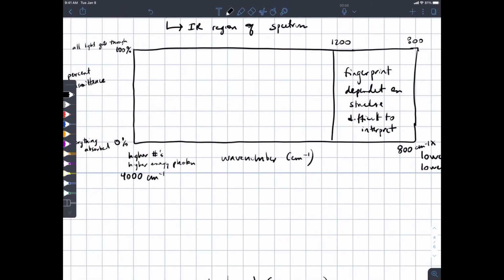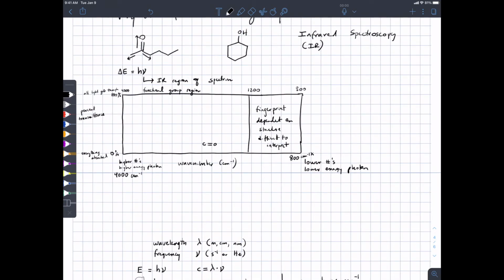Up here, though, between 1,200 and around 4,000 wave number, you've got the functional group region of the spectrum. Characteristic functional groups vibrate at certain frequencies. So, for example, if you had a molecule with a carbon-oxygen pi bond, there's going to be a narrow and sharp and fairly deep peak at around 1,600 to 1,800 wave number in that region.